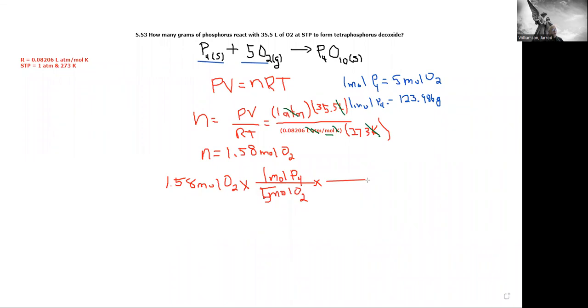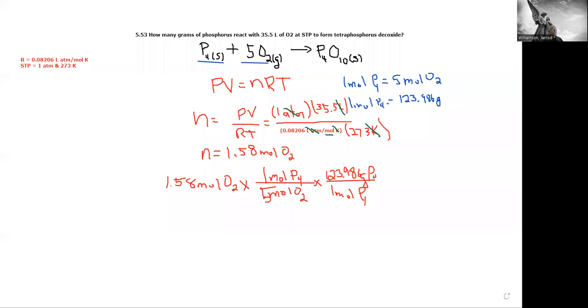And then since I know the molar mass of P4, for every 1 mole of P4, it will weigh 123.86 grams of P4.